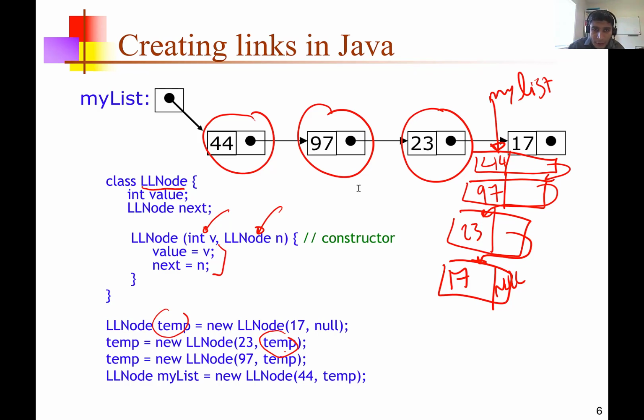Questions? Yanhao, what does the N do? So this N, as you can see in this example here, Yanhao, is giving you a reference to the node that you should point to. For example, once I declare the first one, which is in fact my tail, it points to null because it's the last one, but anything afterwards should point to the previous one, right?